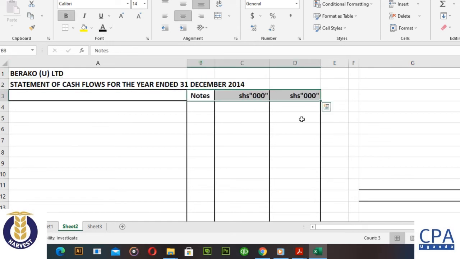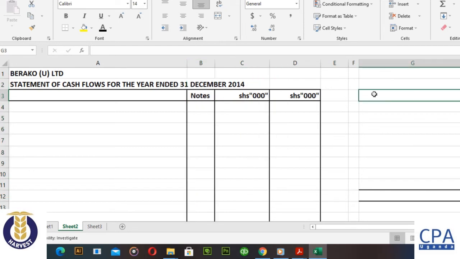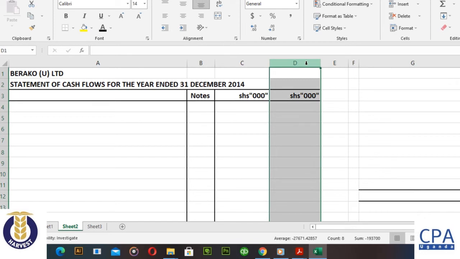All the shillings will be in thousands, and of course we have to reserve a column for the notes. What is very important is that we also reserve the last column for the net cash flows from operating activities, net cash flows from investing activities, and net cash flows from financing activities.